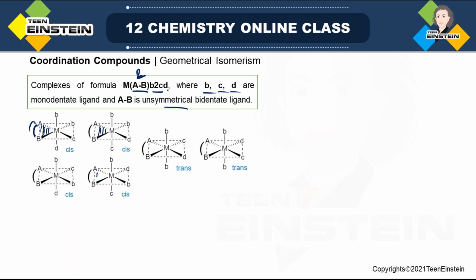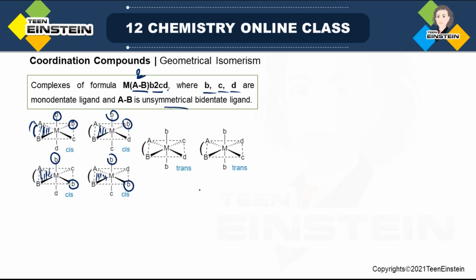See, it is always 90 degrees. So just focus on the 2 b ligands. It is 90 degrees, 90 degrees, b 90 degrees. This is also 90 degrees. But 4 possibilities are there. You will not see that any of these 4 are actually the same.